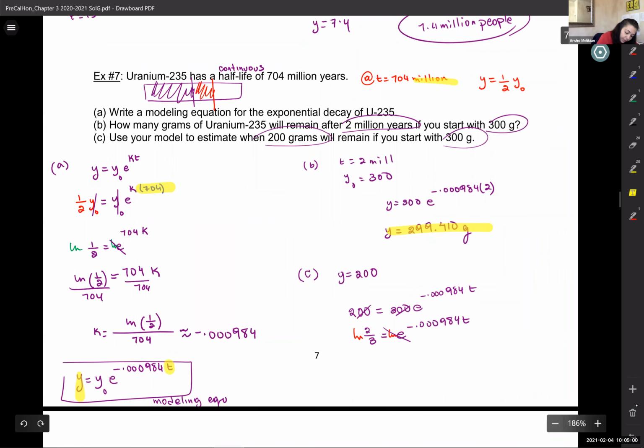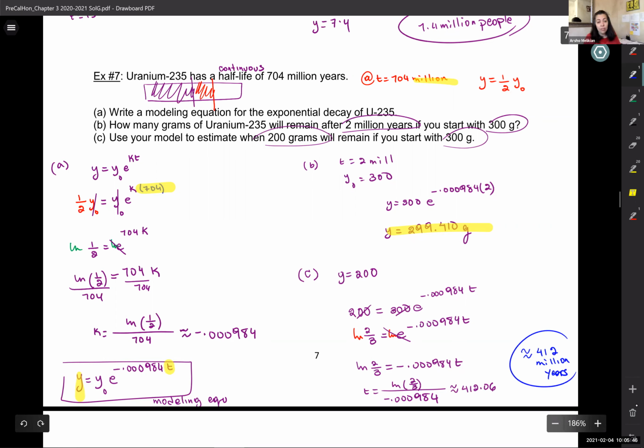This goes away, ln of 2/3 is equal to negative 0.000984 t. So t is ln of 2/3 divided by that number, and t is 412.06. So this took roughly 412 million years.